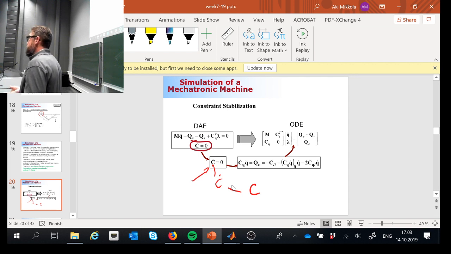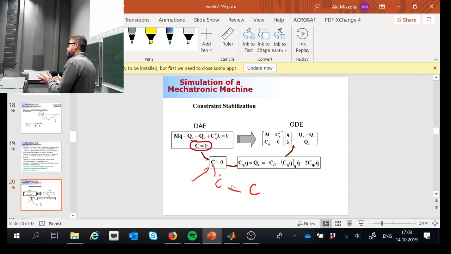They're always fulfilled at the acceleration level, but not necessarily any longer at the position level. And that's where we have to introduce an additional thing called constraint stabilization. It's a very fancy name, but it means that I have to correct my constraints and force them to fulfill my position constraints. That's what constraint stabilization is about.